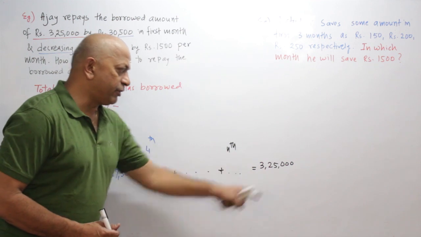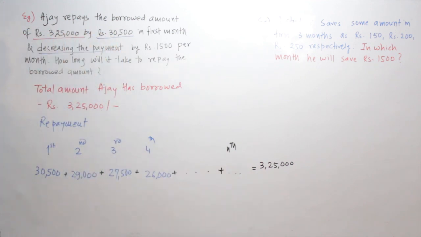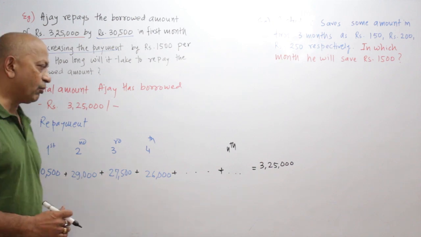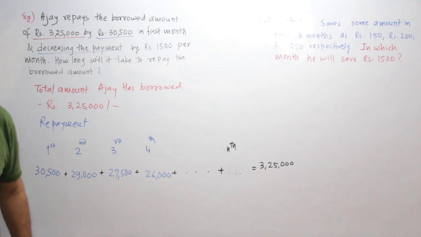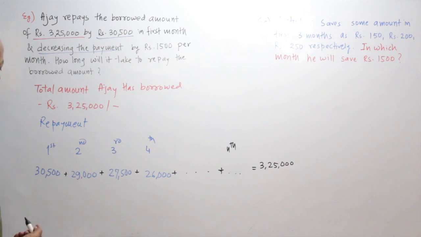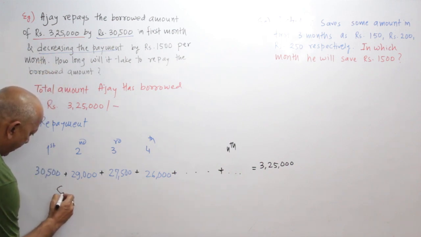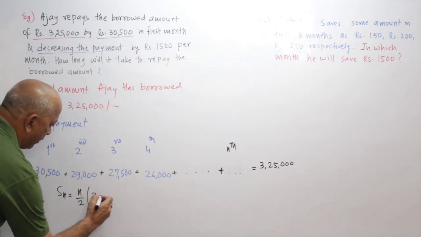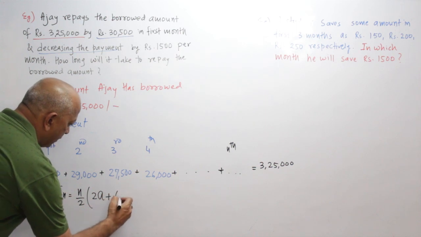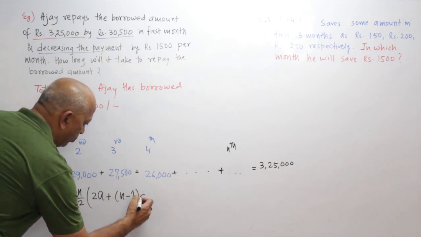We know the total sum 3,25,000. We know the first term. We know the common difference. So we can calculate the nth term. So we can do it. What is our formula? The formula of Sn is n divided by 2 into bracket 2a plus n minus 1 into d.